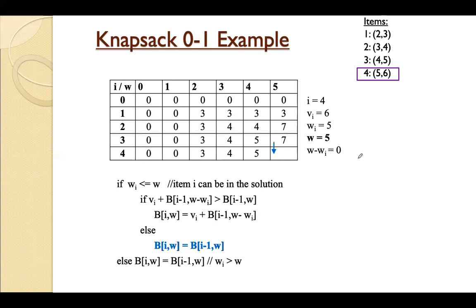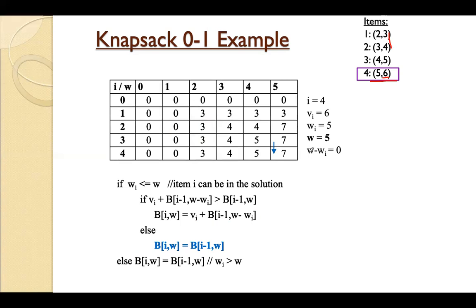For the final item, it will check. We'll have one more item now. It will check. Either we can place this here, but profit will be 6, or we can add these two items and place, and profit will be more. So we'll add that final item.